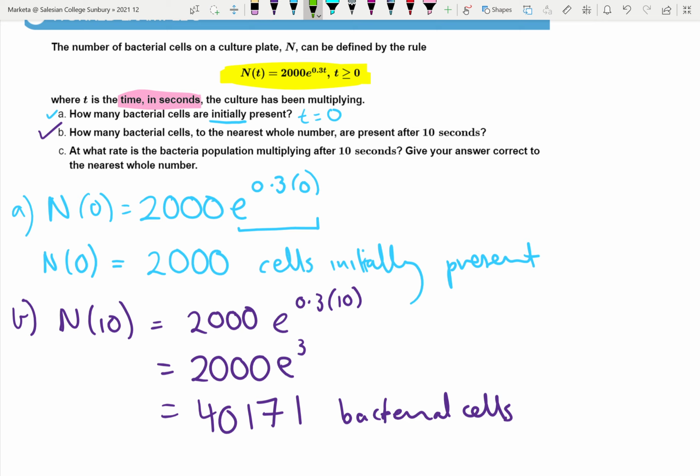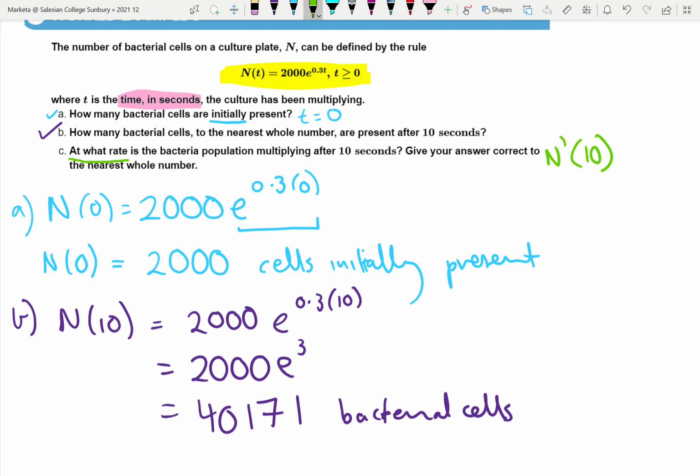At what rate is the bacterial population multiplying after 10 seconds? When you see that, at what rate, that's a key word, and it refers to our derivative. So we need to differentiate the function, and it's asking essentially what is N'(10). After 10 seconds, what's the rate of multiplication of bacterial cells?